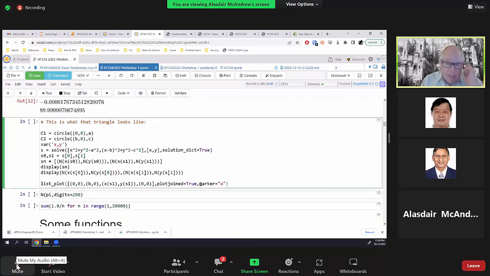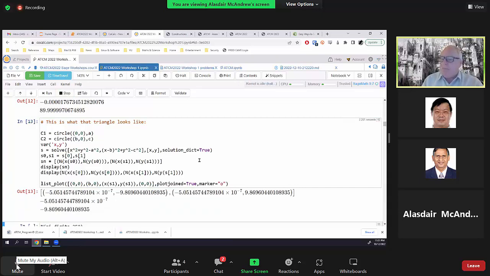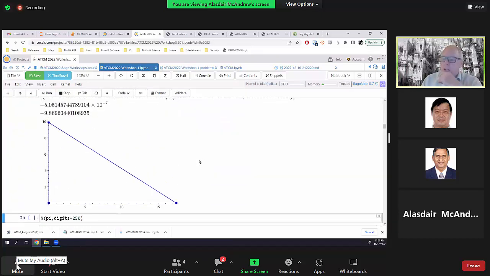And I'll talk about graphics a little bit later, but if we were to draw this, that's what it looks like. And in fact, that point there looks like it's on the y-axis. It looks like it's a right-angled triangle. It's not. That point is ever so slightly to the left.